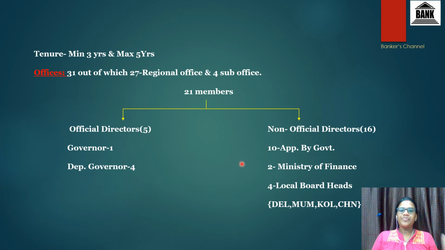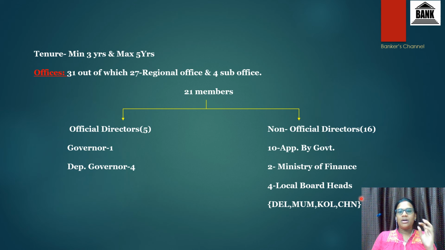The non-official directors are totally 16 people, out of which 10 people will be appointed by the Government of India, 2 people will be from the Ministry of Finance, and 4 people will be from local board heads. Local board heads means that for each zone there will be a local board head, for south, north, east and west.